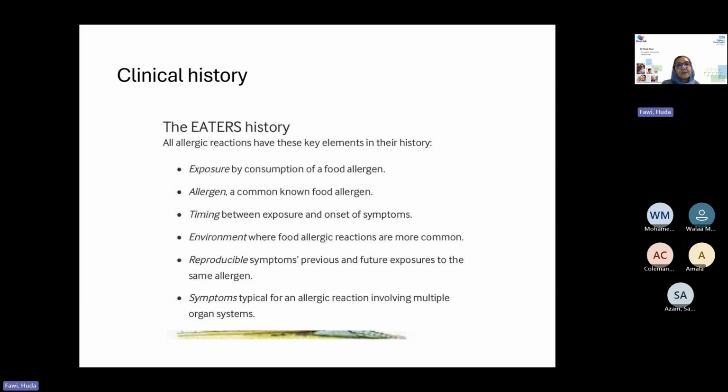So if we take it in the context of a 2-year-old child who had an allergic reaction to food, you ask about the exposure, what food was consumed. In this case, had egg. So the allergen now is the egg. Was it raw or was it cooked? So was it a scrambled egg or was it a cake?